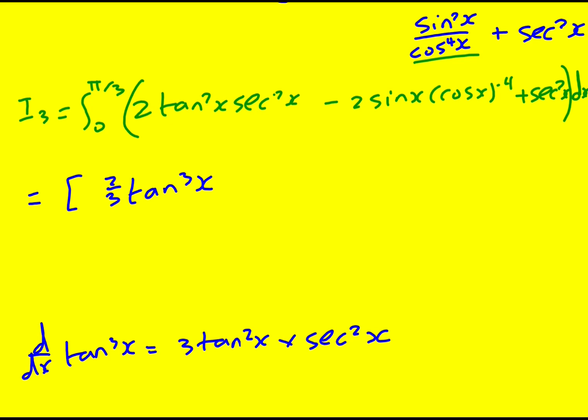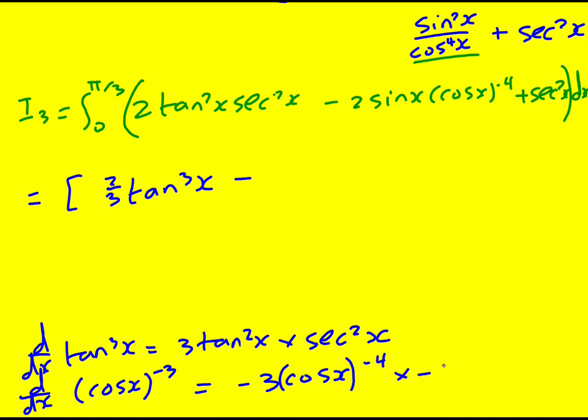I've got the 2 from before there. There we go. For the next one, I can do a trial function of cos x all to the minus 3 because I've increased the power by 1. So then I'll get minus 3 cos x all to the minus 4. And I'll times by the derivative of cos x, so minus sine x.